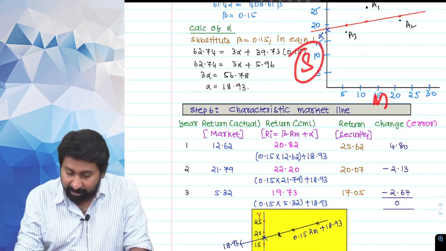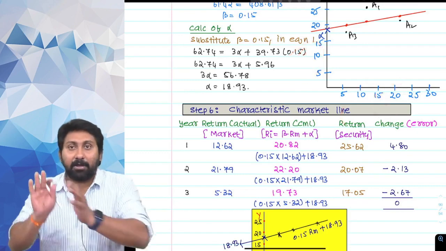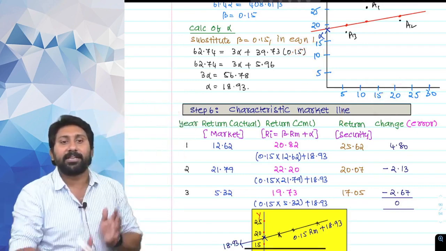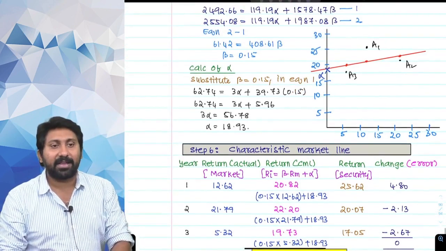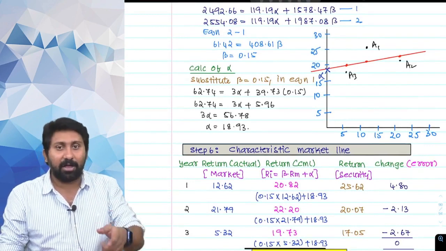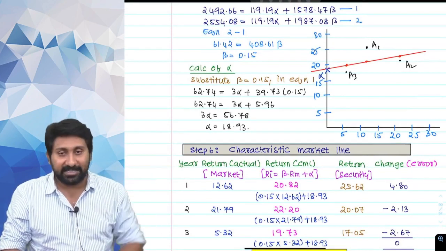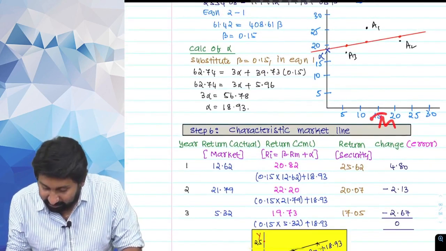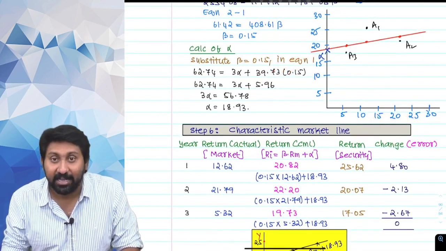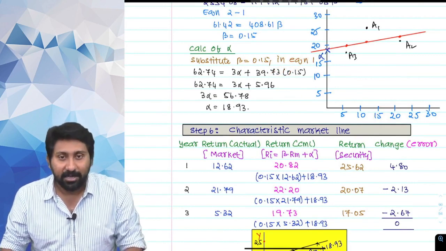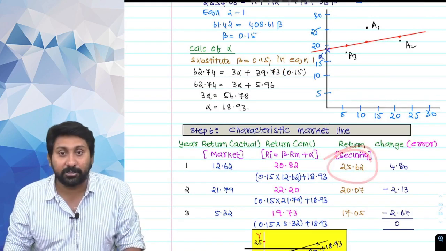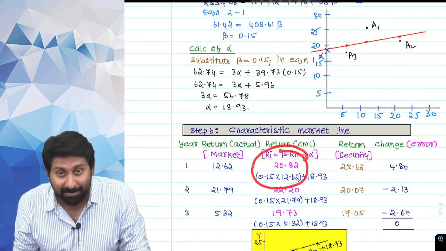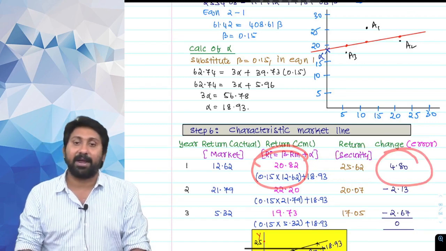If you analyze the relation of market to security, how much the security is affected because of the market is systematic, because the analysis of market and security is systematic. When you take systematic items on the x-axis and y-axis, you should only take systematic returns. But you considered 25.62, which is a combination of systematic return and also unsystematic return.